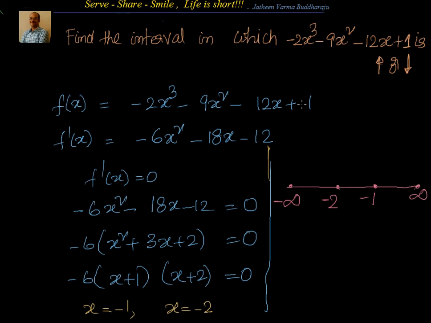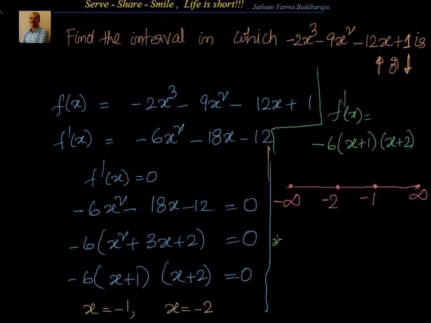First we will consider, we know that f dash x is equal to minus 6 into x plus 1 into x plus 2. Now let's start from left to right. We will take first a point between minus infinity to minus 2.